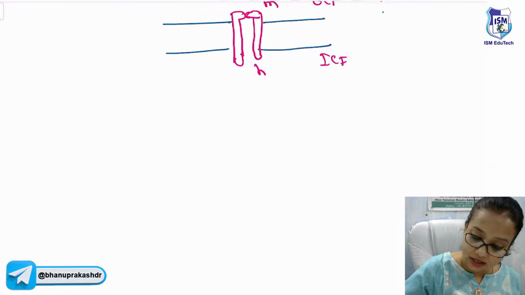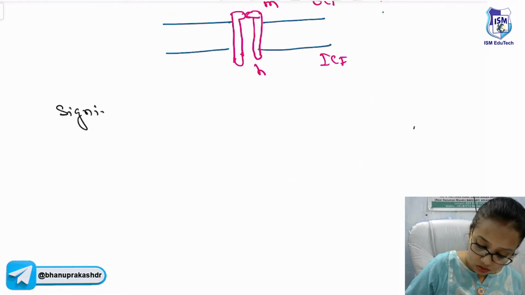Now, why is this gate theory important? Again, we have studied about it. What is its significance?